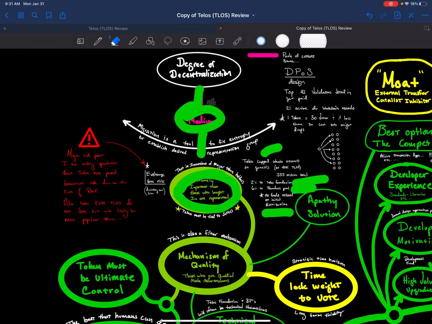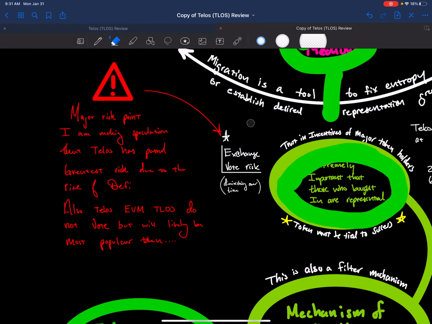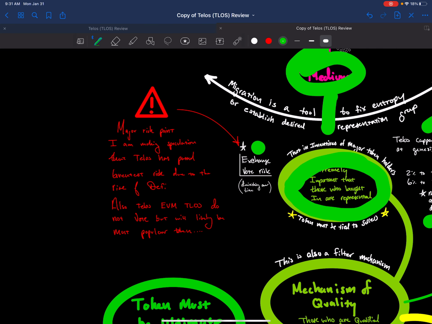Now, one of the risks is exchange voting. Telos comes from EOS, and EOS had many different problems, but one of the biggest was exchanges voting with user funds. That is a risk that exists with DPoS.